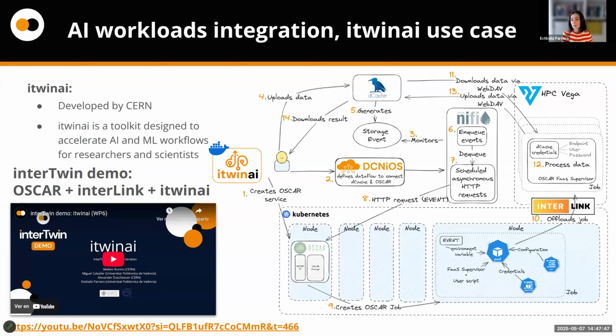In this case was the Vega supercomputer in Slovenia. So there, the fast supervisor, this is an OSCAR component, is going to download the data from the cache, and the data is going to be processed inside the HPC cluster, and the result is going to be uploaded to the cache again for the user to retrieve it. Here you have a YouTube video with the demo.